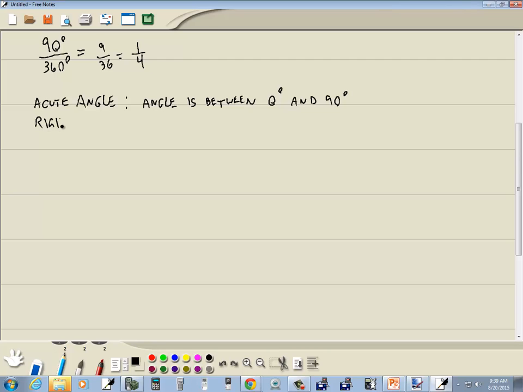We have something called a right angle, and you may remember right triangles from geometry. A right angle is when your angle is 90 degrees.